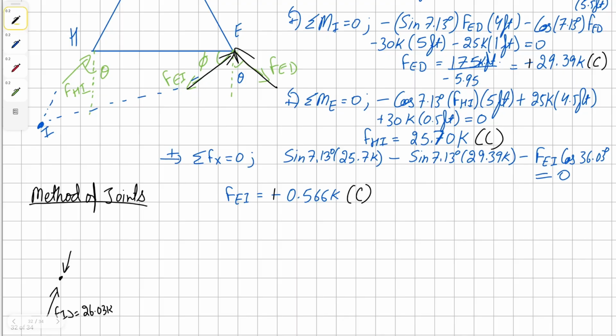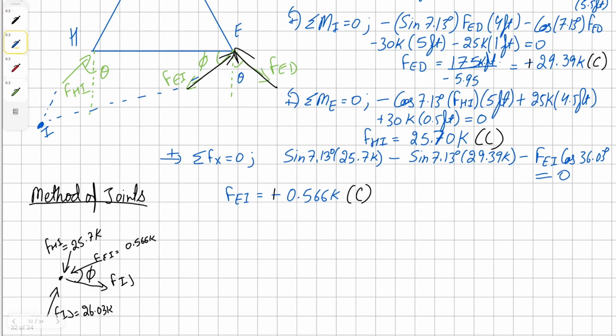Then we have force HI. Our force EI. And finally our unknown force ID. And the angle between IJ and EI is going to be our phi using the geometry.